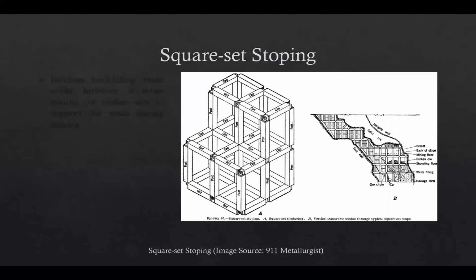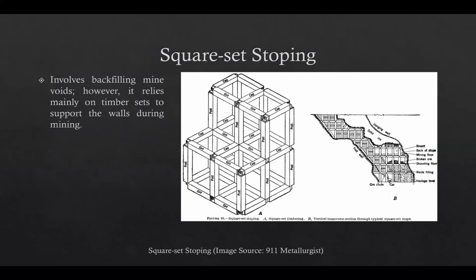Then we have stair set stopping, which involves backfilling mine voids. However, it relies mainly on timber sets to support the walls during mining. So these timber supports are placed in a stair shape. That's why it is called a stair set.